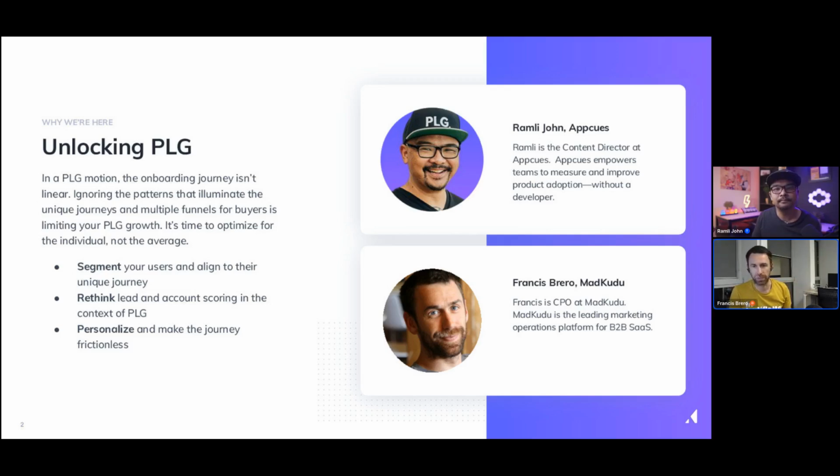Over all those years, I've been blessed with the ability to soak in all the smartness of product and marketing leaders there, and that's what led to Mad Kudu. I'm really excited to be here today and share some of the learnings from all those conversations, and potentially put a spin on what to look out for in 2024 based on conversations I've had.